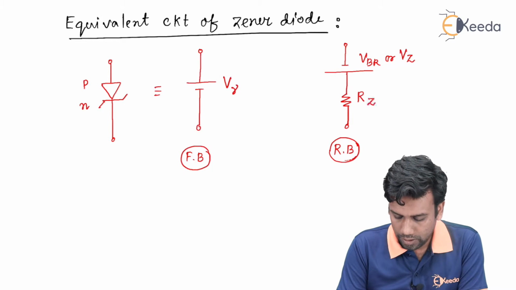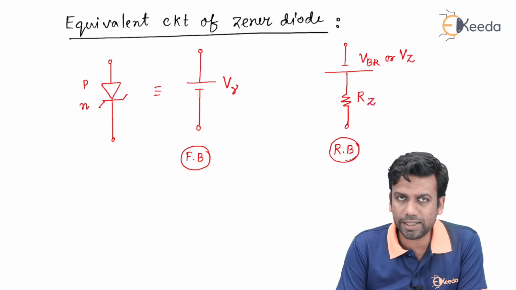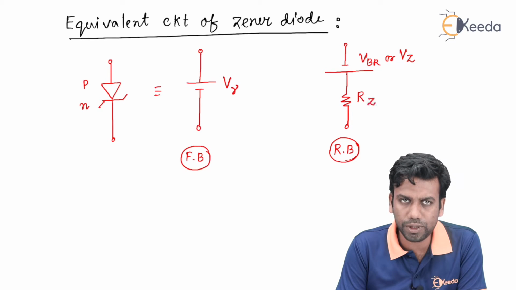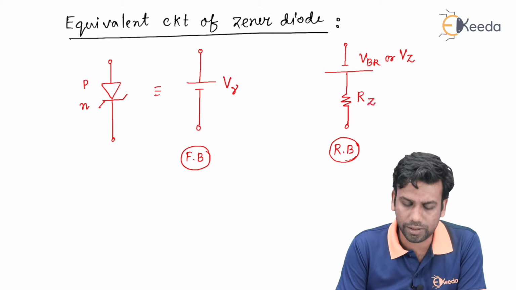Now, if we relook at the Zener characteristics, we can see that the Zener voltage is constant across the Zener diode, but the current through the Zener diode in the breakdown region will increase rapidly. Now, let us understand why the current increases so rapidly while the voltage is constant.